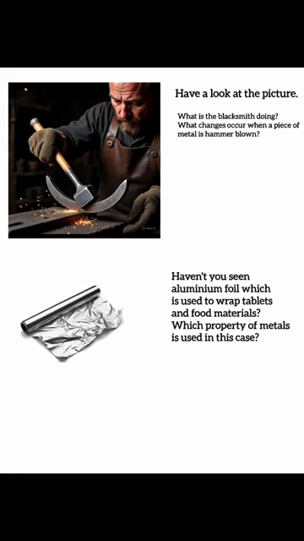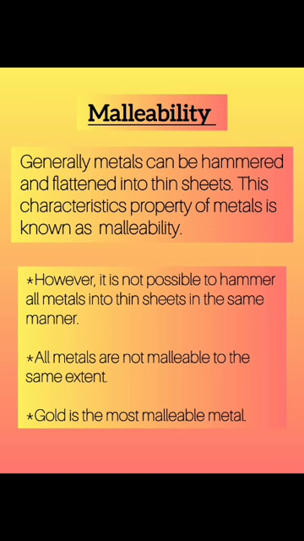So, today we will be discussing the property for using aluminium foil and other metals as tools and for other purposes. The concept behind this is malleability. Generally, metals can be hammered and flattened into thin sheets.